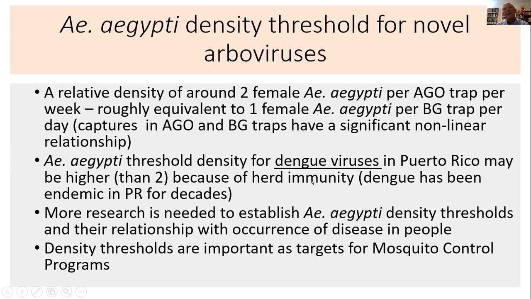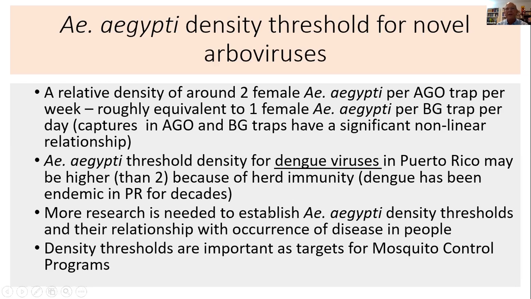Now, we don't know what the threshold density for dengue viruses is in Puerto Rico because dengue has been endemic in Puerto Rico for many years. And therefore, there is some herd immunity that has been built up over the decades. So possibly the threshold density for dengue is higher than 2. But we don't know.